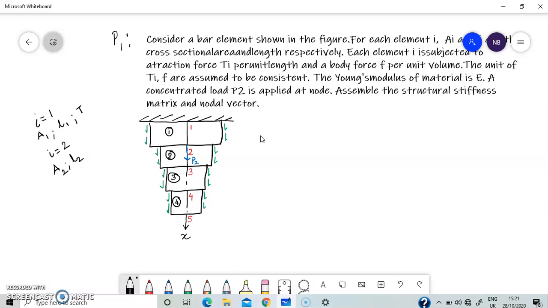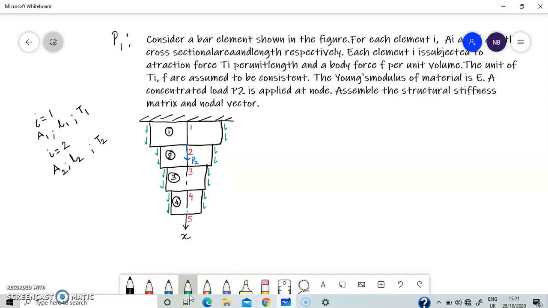For element 1 it will be T1, for element 2 T2 and so on. We are also given a body force throughout the length of the element. That is the self weight.